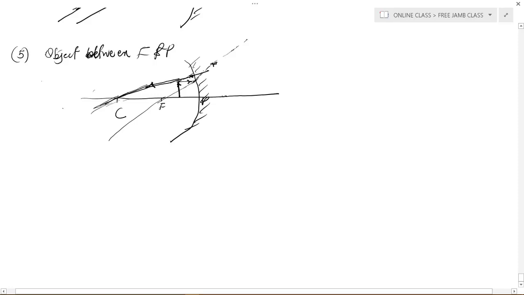Then they met somewhere around here in front. So the image is virtual, and it is erect. So we always see this one is big and magnified.